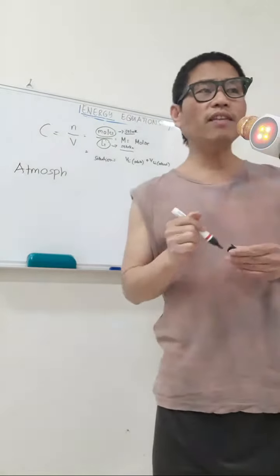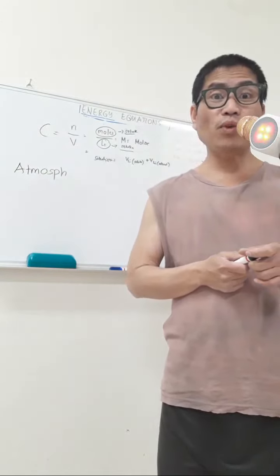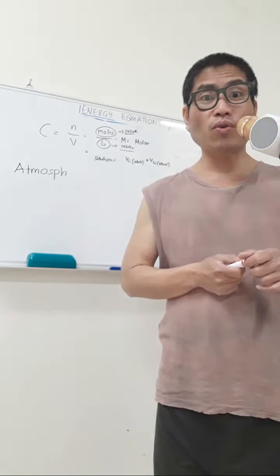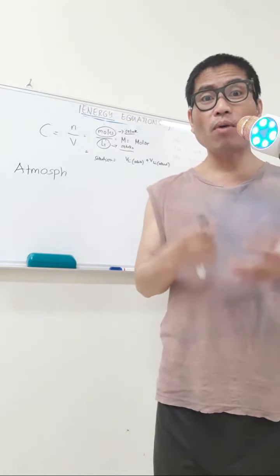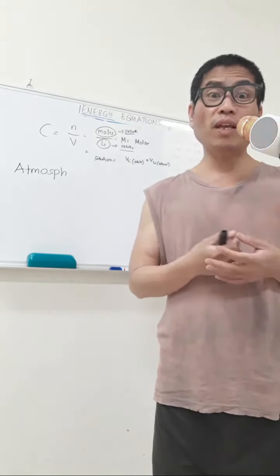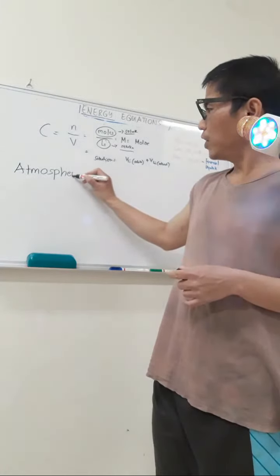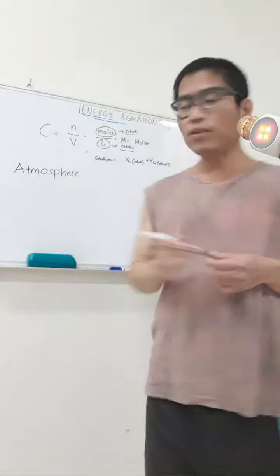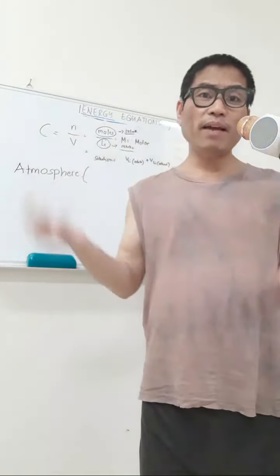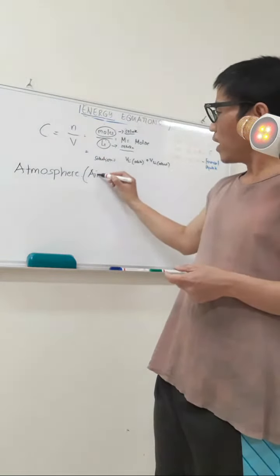What you'll notice guys, if there is no given at all, no data at all, it could be a theory question. Though it asks for figures or numbers, that's the tricky part, and you will wonder what the given is. No, it's a theory. Atmosphere means our environment, the air.